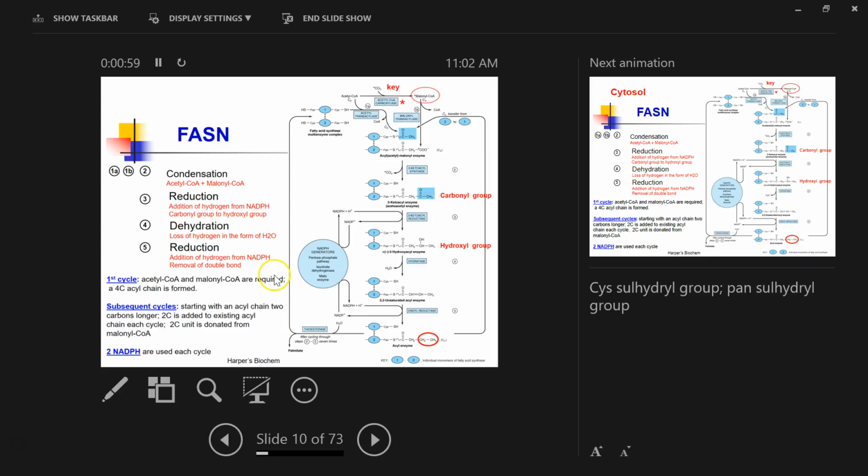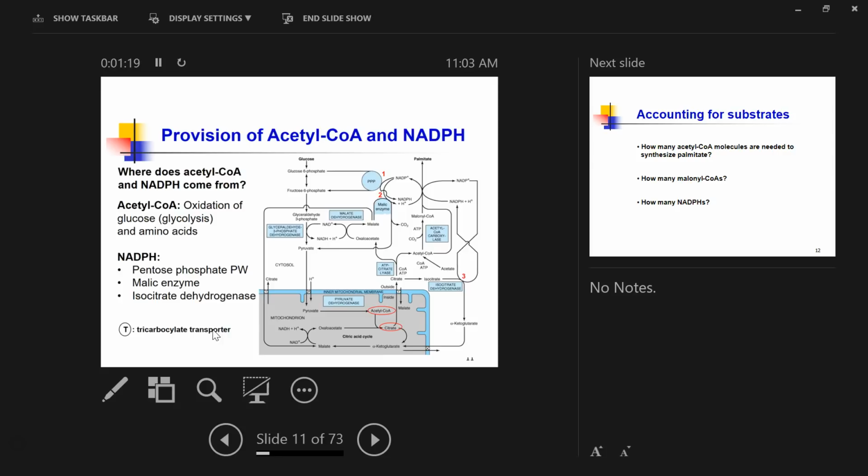One is the pentose phosphate pathway, and the second source of NADPH is the malic enzyme catalyzed reaction, right? And the third is the, maybe the next slide. Yeah. So the third source of NADPH is the isocitrate dehydrogenase reaction.